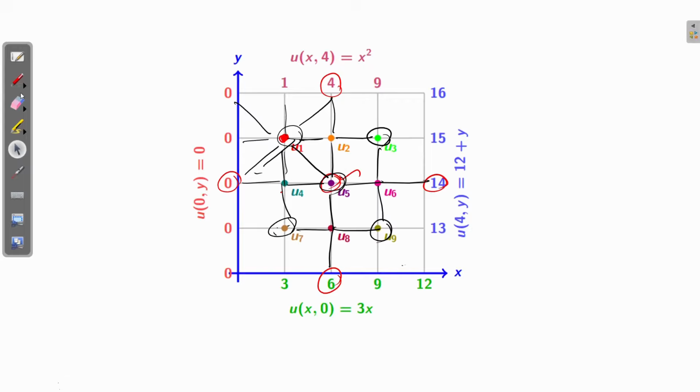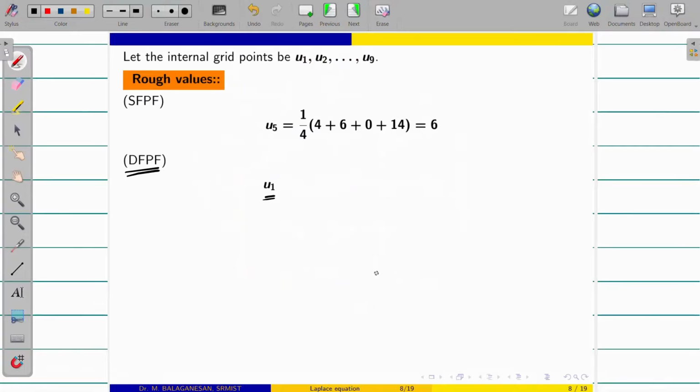So U1 is equivalent to 1 by 4 times (0 plus 6 plus 4 plus 0). 6 is nothing but U5. Right?